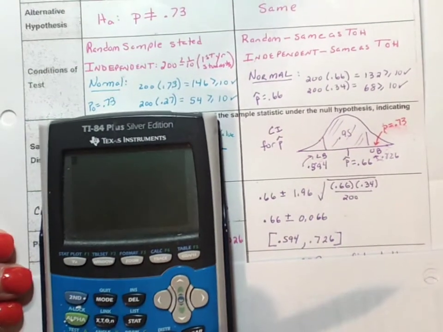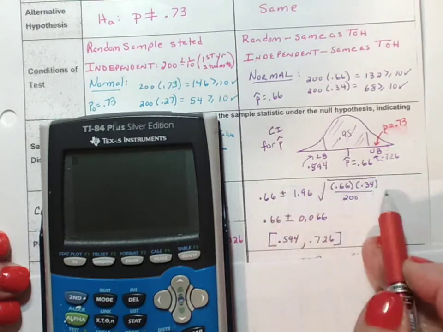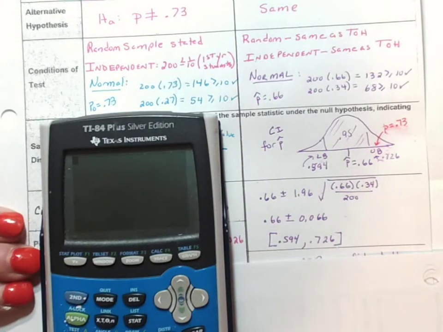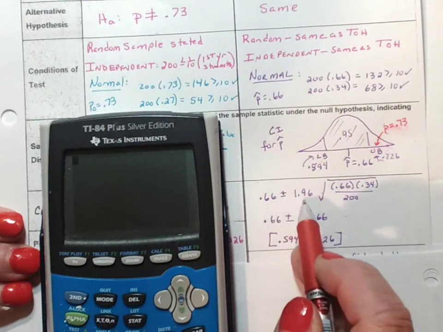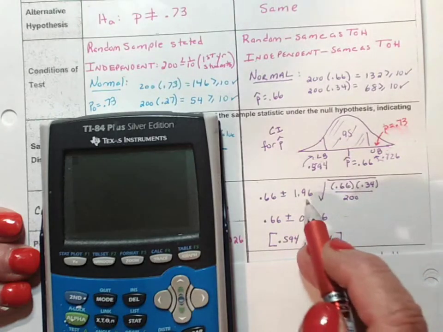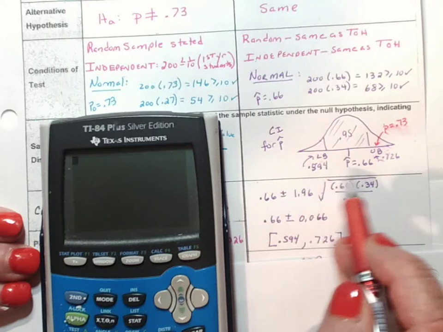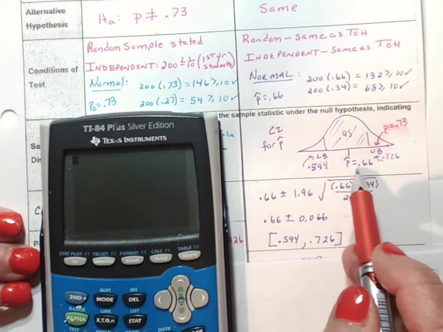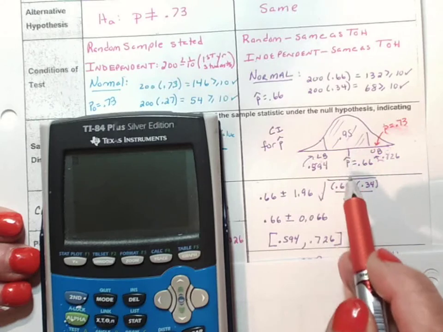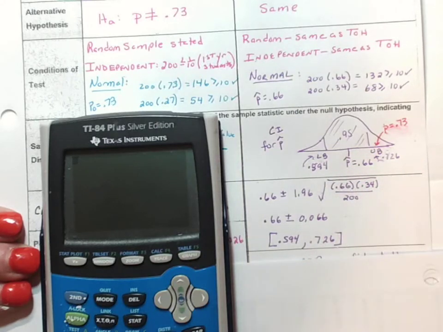So now, this is the calculation for our confidence interval. That is p hat. That is the z critical value. 95% is always 1.96. All right? You can always think of it this way. Since p hat is 0.66 and that's the middle of this graph, then that's what the standard error is going to be.